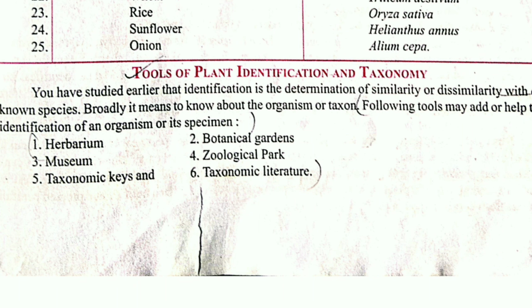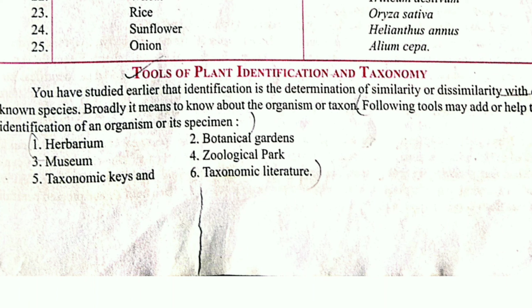When you're pasting in your herbarium file, nearby you have to write the details: from which part you are getting the medicinal value, where you collected it from, what its importance is, what the botanical name is, and so on. Okay children, next one is your botanical garden. As you people know, for the conservation of plants we have the botanical garden.